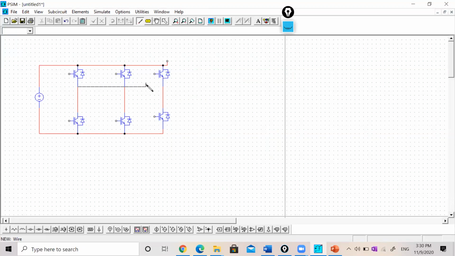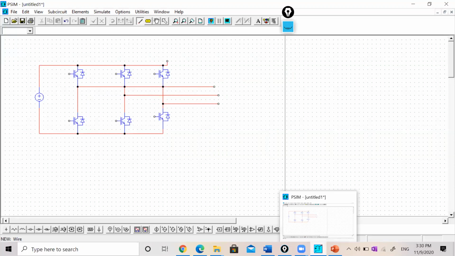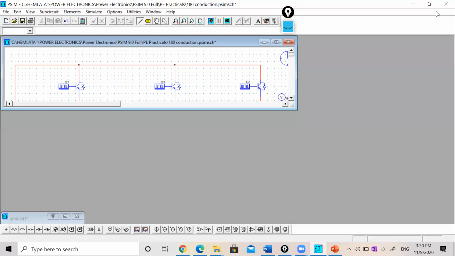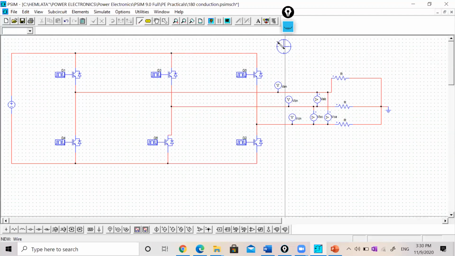Then we have three phases over here: phase A, phase B, and phase C. There we will connect three resistances in star. Okay, so this is our circuit.